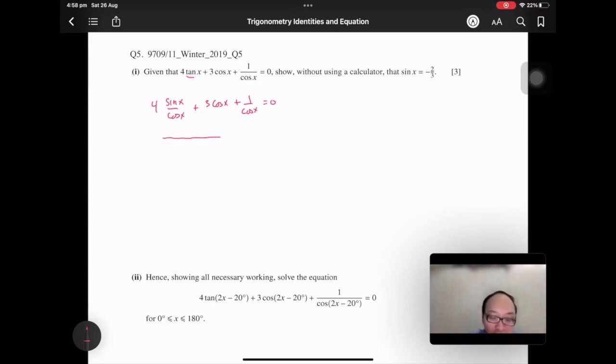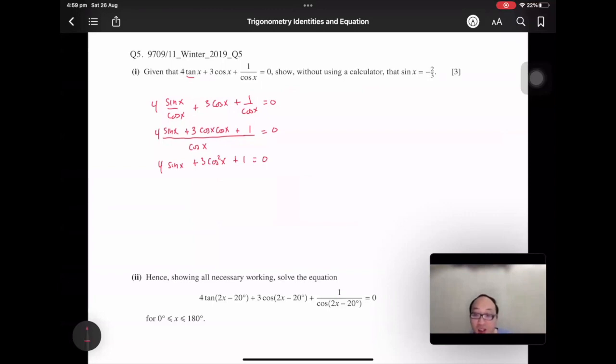And I make all the same, cos x. So sin x plus 3 cos x times cos x plus 1 equals 0. So that means I have 4 sin x plus 3 cos square x plus 1 equals 0.